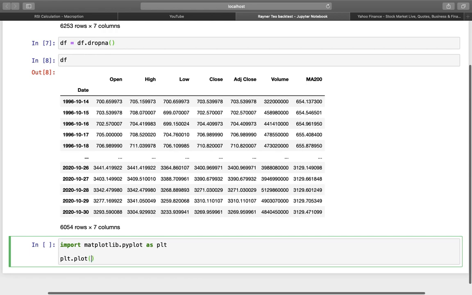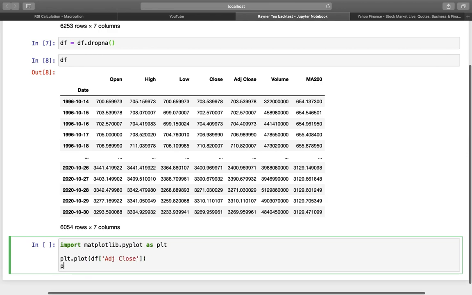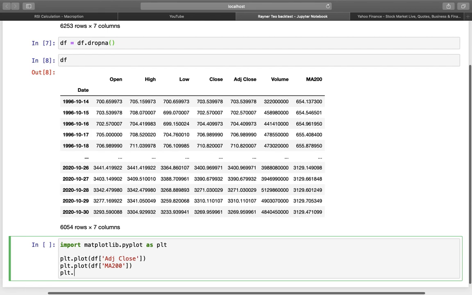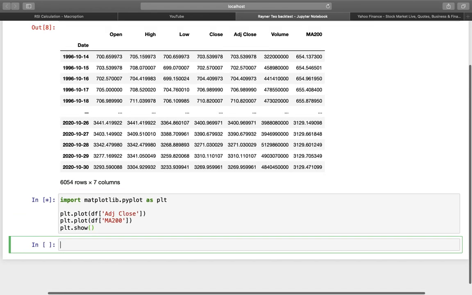We are taking the adjusted close column, and we are also plotting the moving average column, and we are showing this graph and executing that.